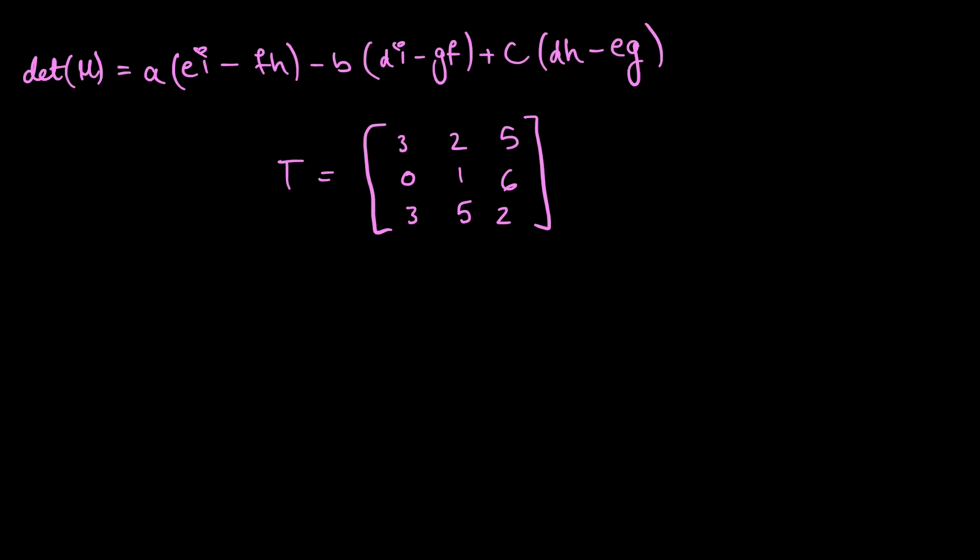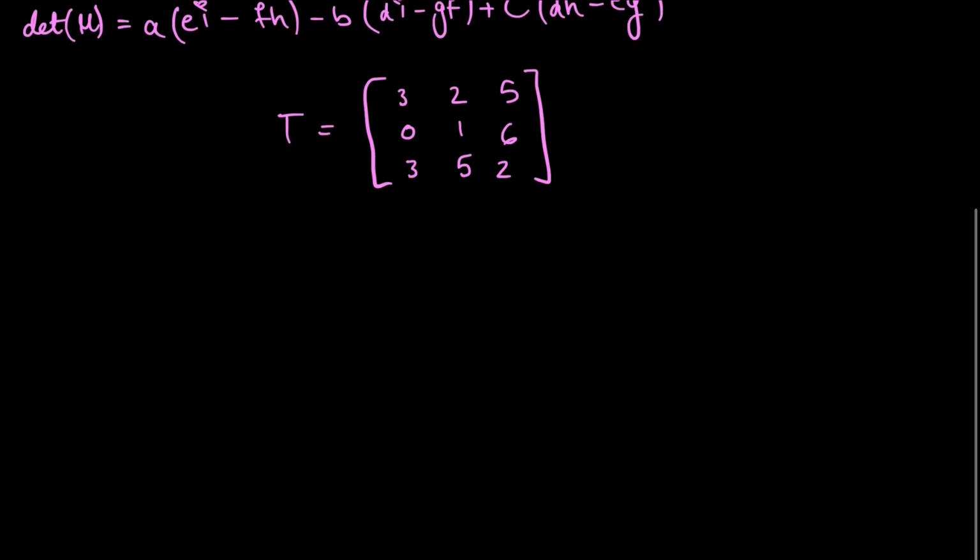So again, you could choose whatever column or row as you like. It will give you the same answer. I will do what I always do and choose the first row. And so this time let's try to do it even faster. So first element, 3, its place sign is positive, so I don't need to change any signs. And then I compute its minor.